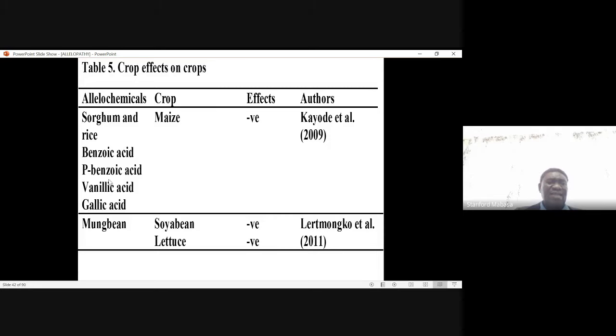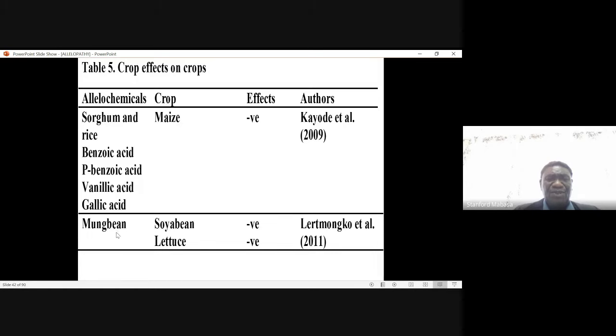And these are some of the allelochemicals: benzoic acid, p-benzoic acid, vanillic acid, gallic acid, which can affect maize.